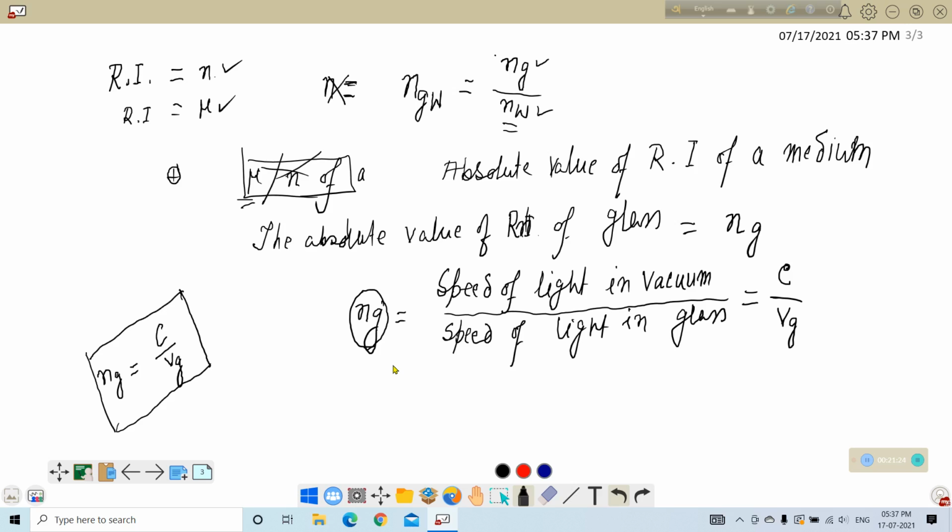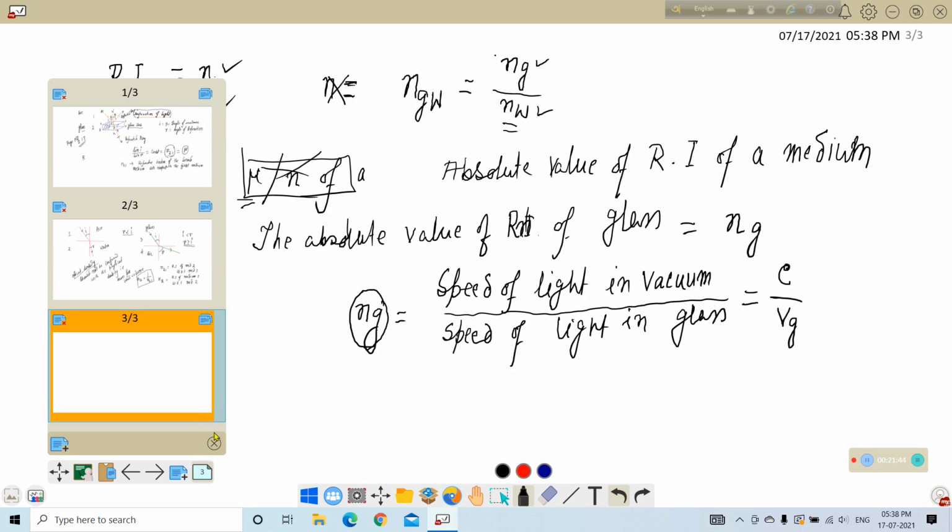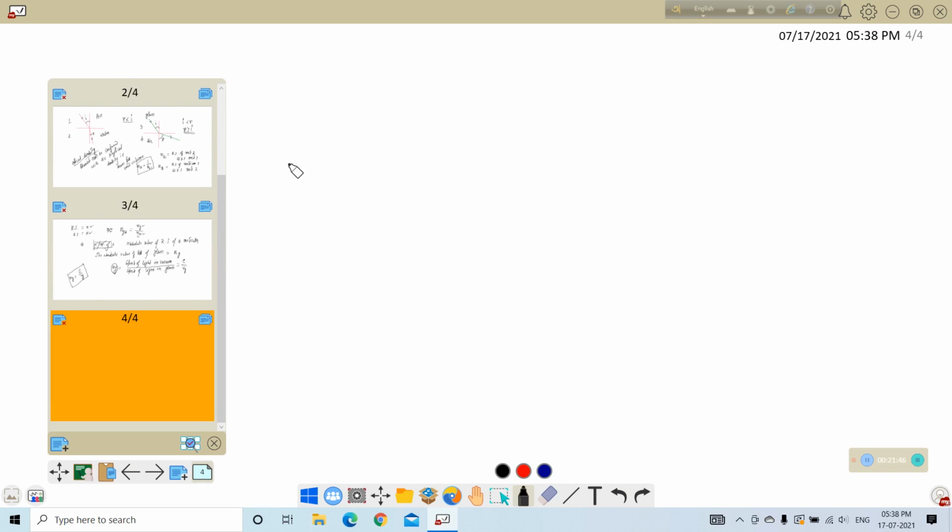Now another formula, that is Snell's law in general form. We will take another page. Let us suppose this is the separating line between two media, and this is the incident light.